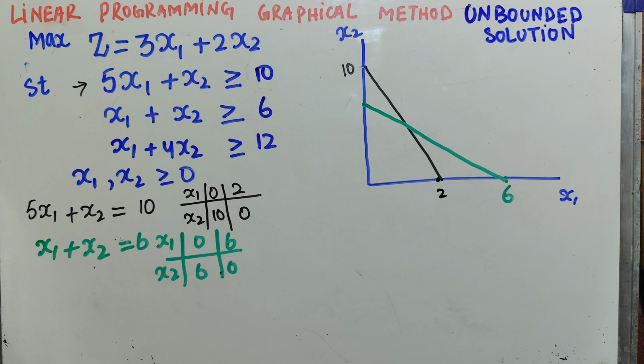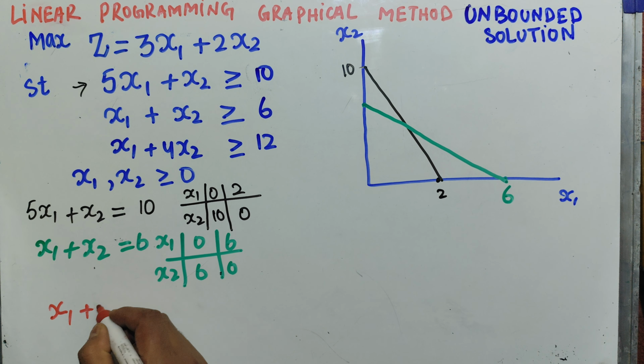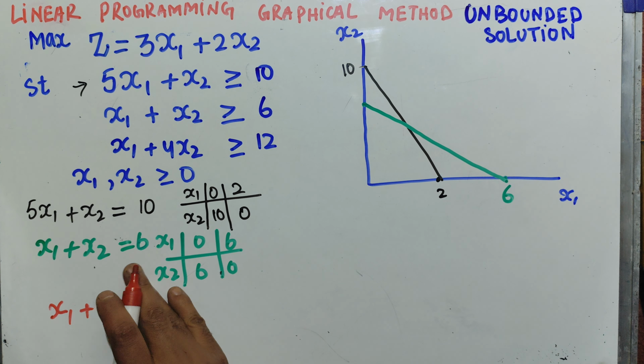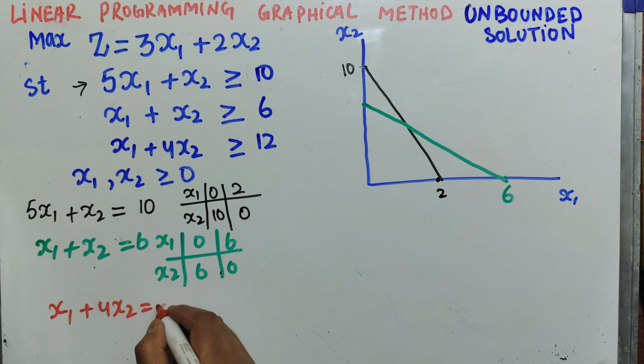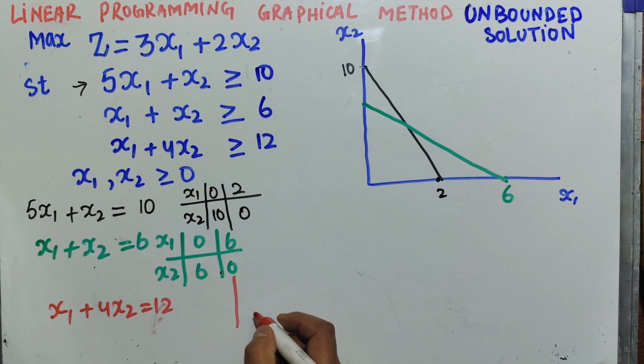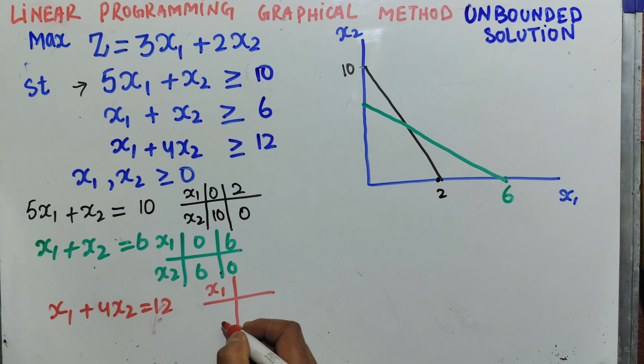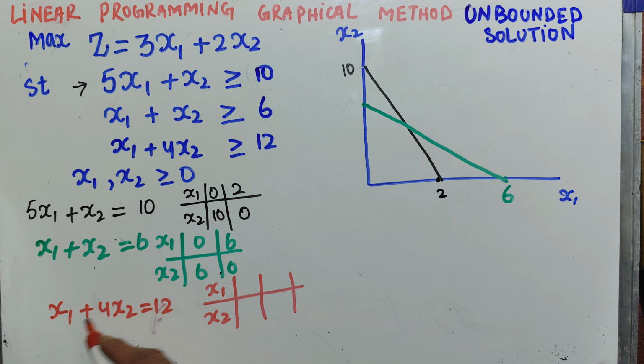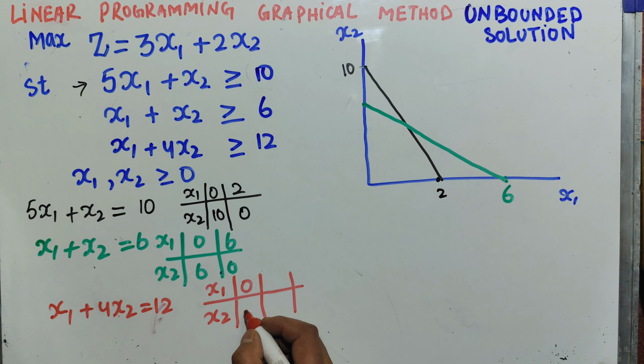Then we have the third constraint, that is x1 plus 4x2 greater or equal to 12, or let us replace it with the equality sign to solve this on the graph. So we have x1, x2. When x1 is equal to 0, x2 will be equal to 12 upon 4, which is 3.